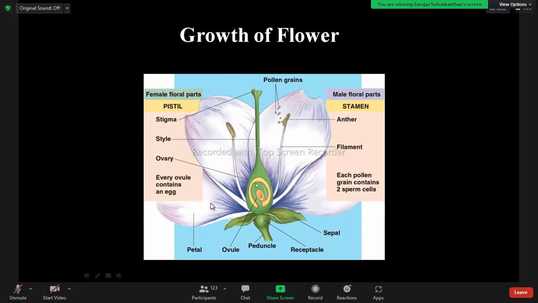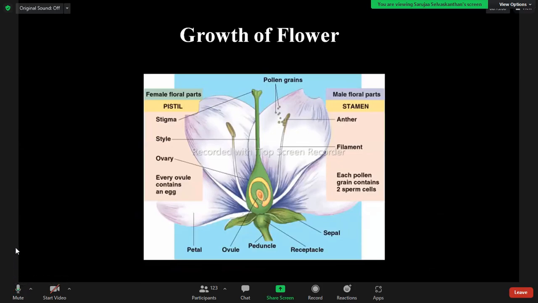What type of flower this is? Bisexual or unisexual? Bisexual. Bisexual, right? What is unisexual? Tell me some examples for the unisexual flowers.